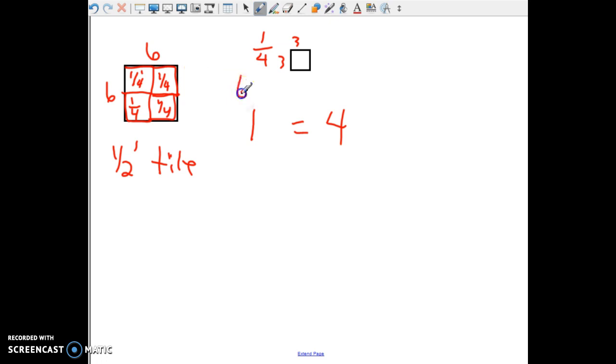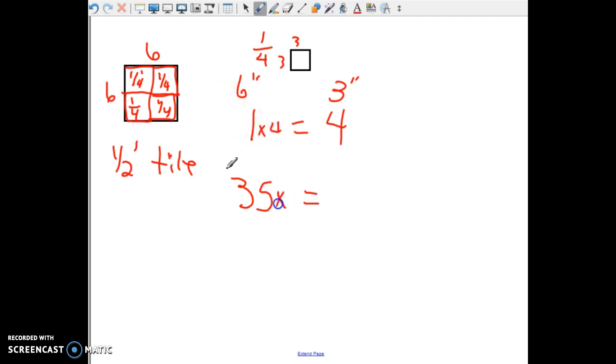So this is the 6-inch tiles. This is the 3-inch tiles. And I need how many of these? 35. What did I have to do to get 4 over there from this 1? I had 1 and I need 4. What did I have to do to that 1 to get 4? I multiplied it by 4.